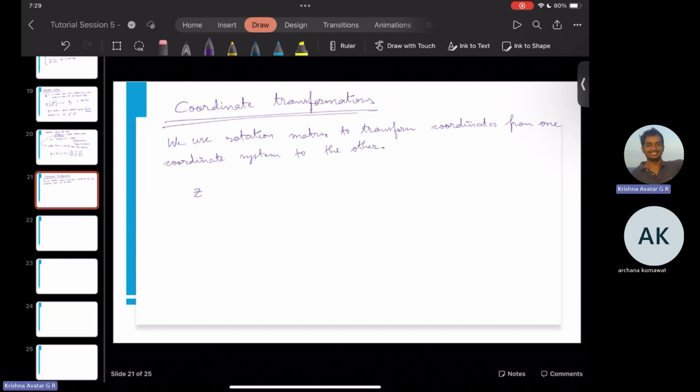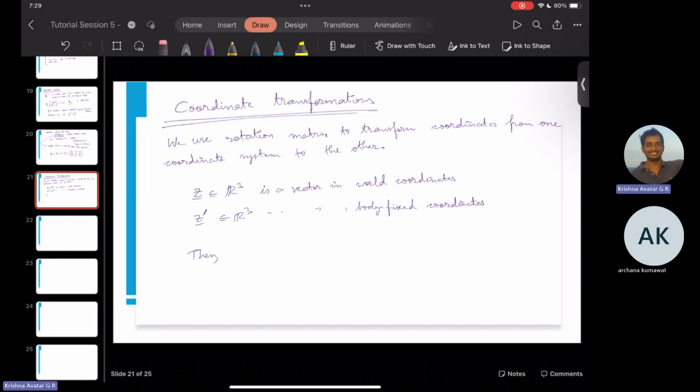Which means that, say, we have a Z vector that is an element of R3, expressed as a point, or maybe a vector in world coordinates. And then we have Z prime, which also is an element of R3 space, a vector in body fixed coordinates.